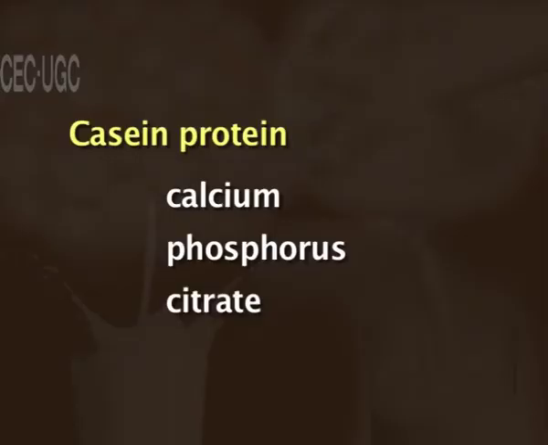Along with the protein component, casein is found in the form of calcium caseinate or citrate caseinate, etc., because it is in combination with calcium, phosphorus and citrate.